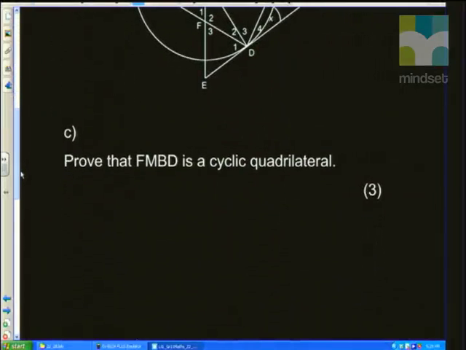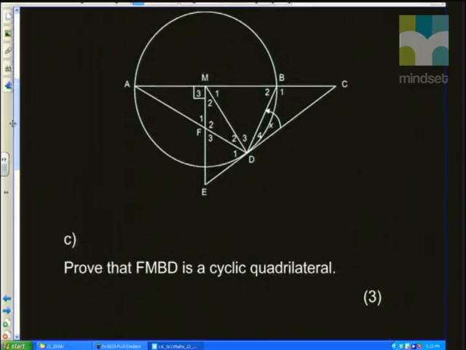we need to prove that FMBD is a cyclic quad. Okay, let's just get what we have here. There's X, okay? There's also X, proven above. And this was your 2X. And previously we had 90 degrees minus 2X.